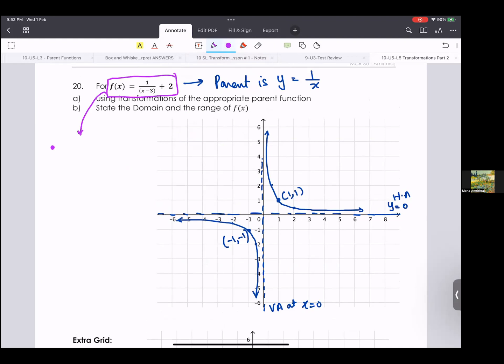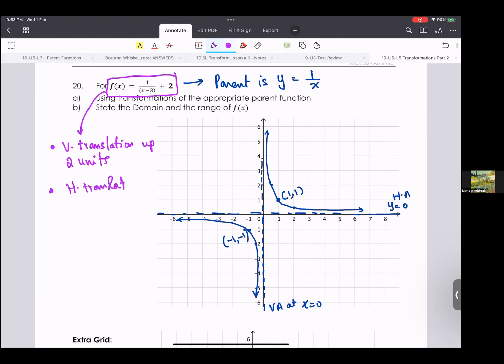So I'm going to say vertical translation up 2 units. And after you do that, you're going to horizontally translate to the right, 3 units.